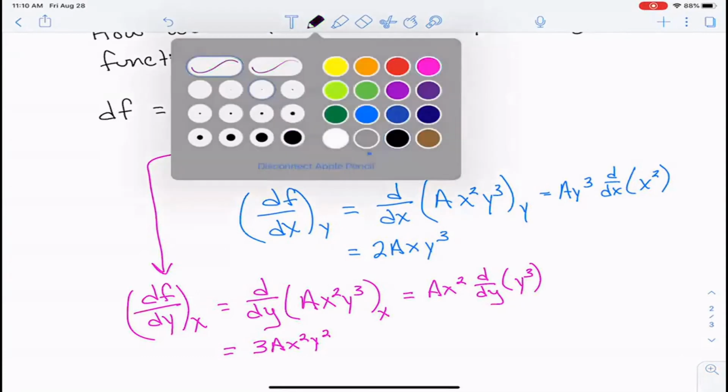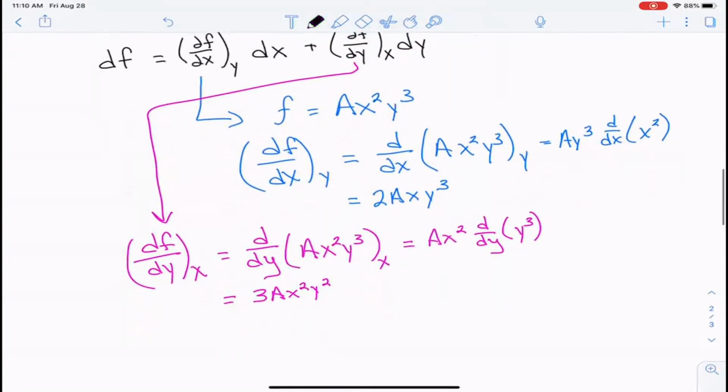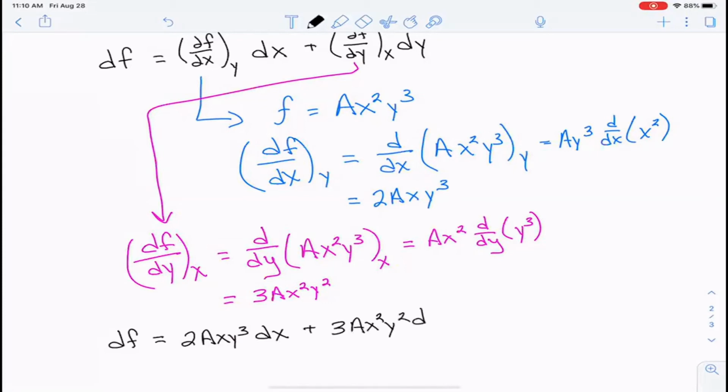And if we combine those two, we actually have the total derivative for f. So we know that our function changes with respect to x and y by 2axy cubed dx plus 3ax squared y squared times dy.